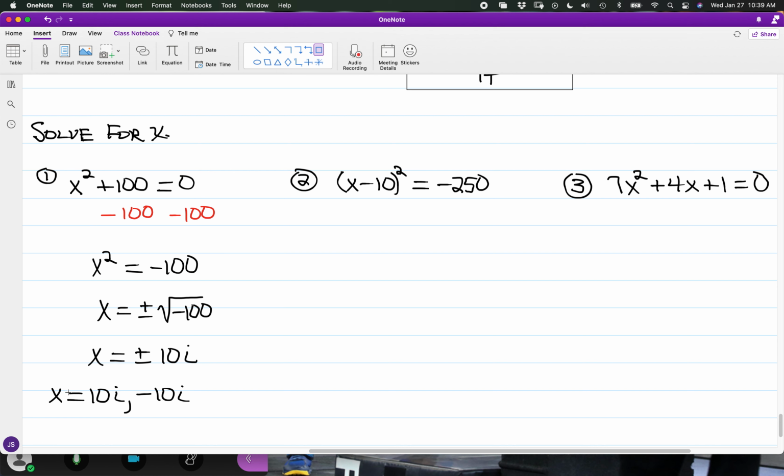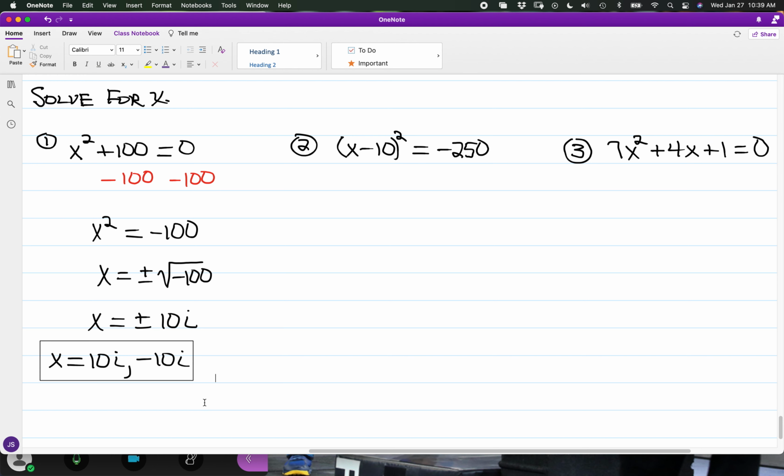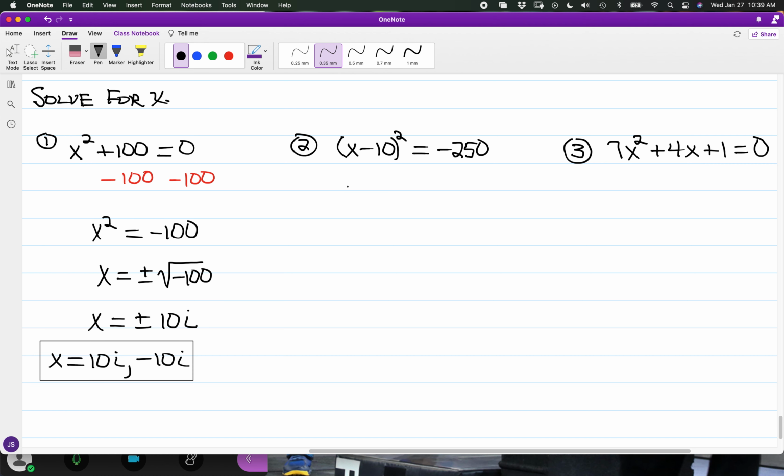Now, for the second item, we have the square of x minus 10 is equal to -250. And if I go from the square of x minus 10 to just x minus 10, we have plus or minus the square root of -250. So we have x minus 10 equal to plus or minus the square root of 250i.